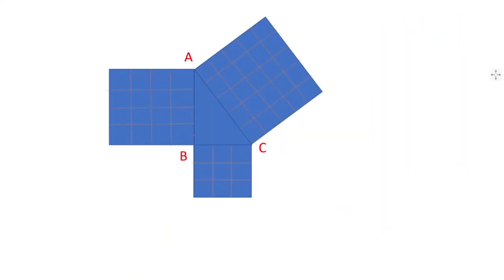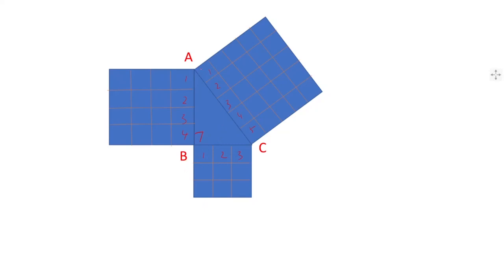If you have a right angle triangle like this, which is named ABC by me, to check, we can divide the hypotenuse into 5 equal parts, one side into 4 equal parts, and this into 3 equal parts.